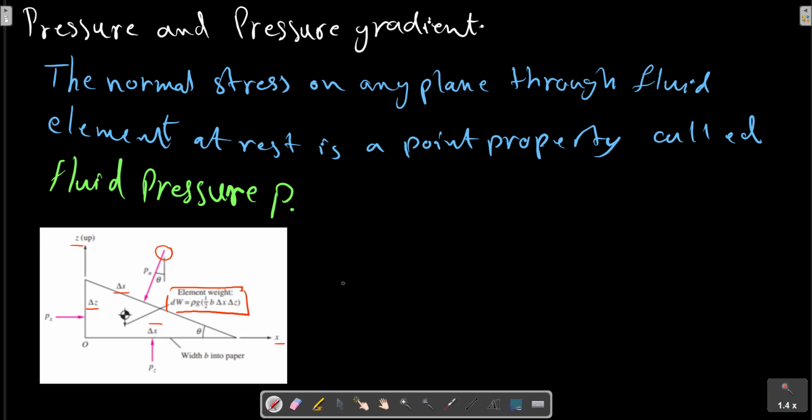We have two directions of forces, sum of Fx equals 0, sum of Fz equals 0. In the x direction we have the pressure P multiplied by the area equals the force.